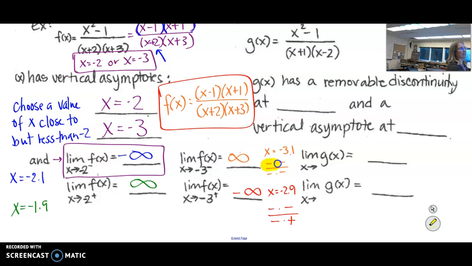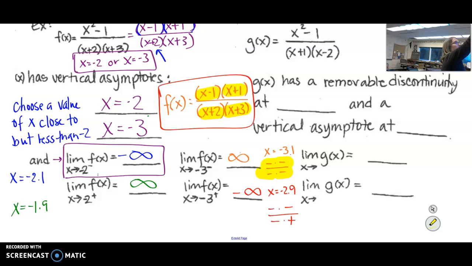This first factor would be a negative, because if you put in -3.1 here, -1, you get a negative, and another negative when you put it into this factor, and another negative here, and another negative here. 4 negatives, that's an even number of negatives. A negative times a negative in the top makes it positive, and a negative times another negative in the denominator makes it positive. So that's going to be approaching positive infinity as you approach -3 from the left.